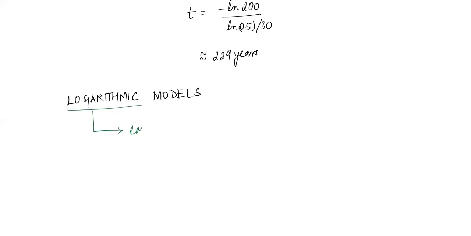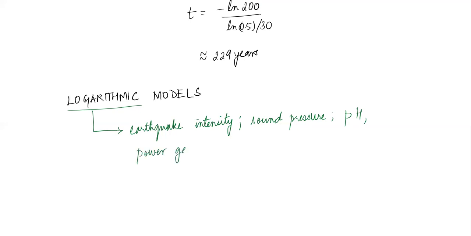So earthquake intensity. You know, to measure decibels. So for sound pressure maybe. In chemistry, we use it for pH. All right.